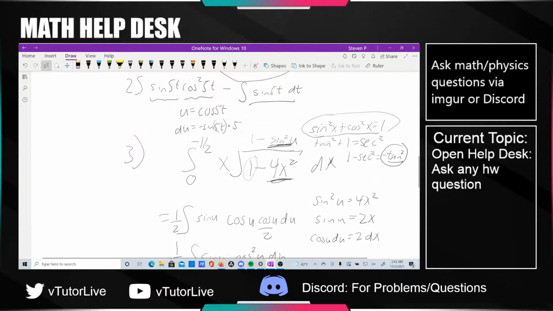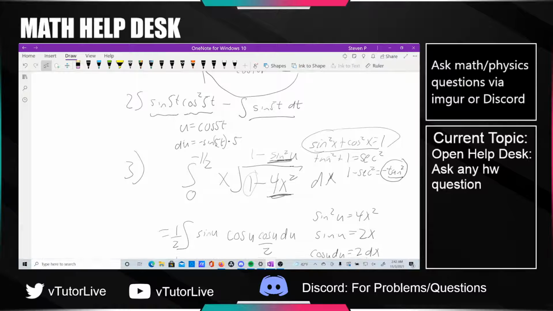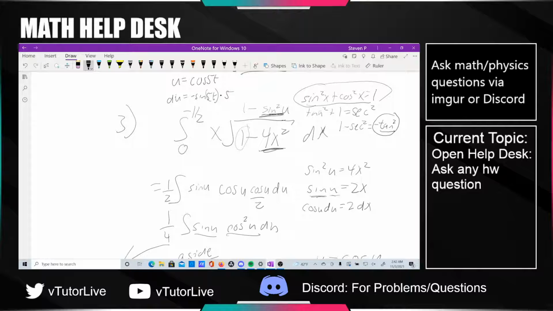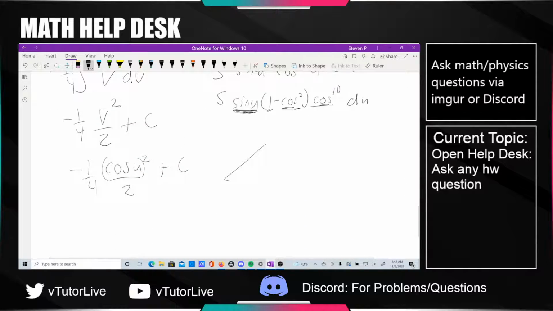What was u? What do we define it as? I lost my train of thought here. We said sine of u was equal to 2x, right? So let's draw our little triangle. If sine of u is equal to 2x over 1, that's basically saying that the hypotenuse is the square root of 4x squared plus 1.